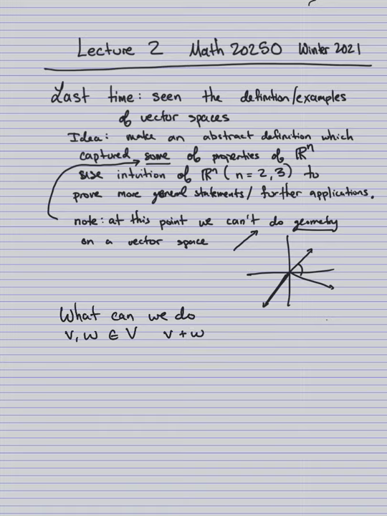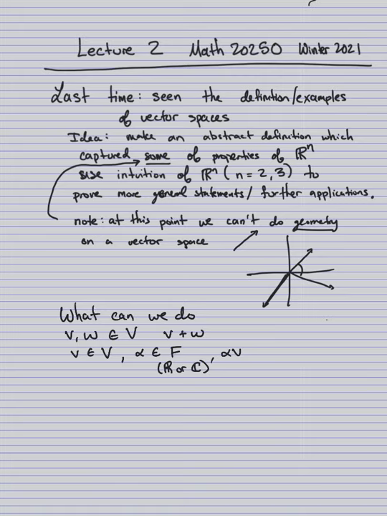We can add two vectors. And if we have v in V and alpha in F, remember, this usually will mean R or C, but it can mean any field at this point, then I can take alpha v. So I can multiply vectors by elements of the field.